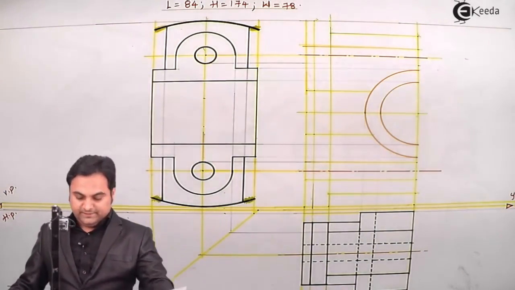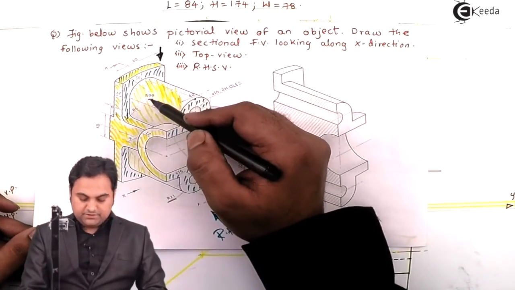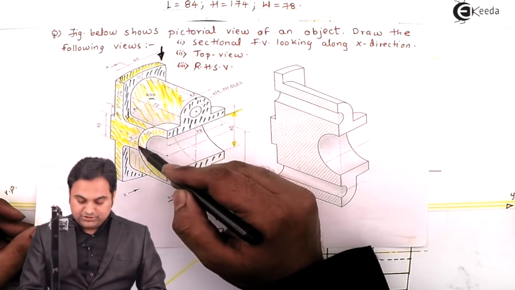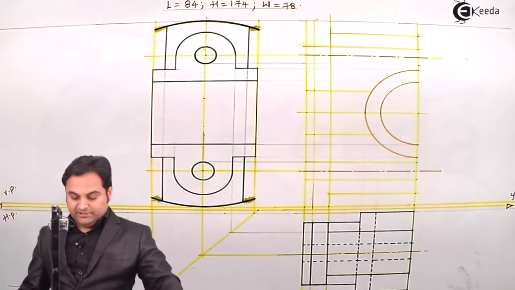Next, after that, here this plate is throughout, which means the portion of the plate which goes inside this semicircular part has to be hidden.